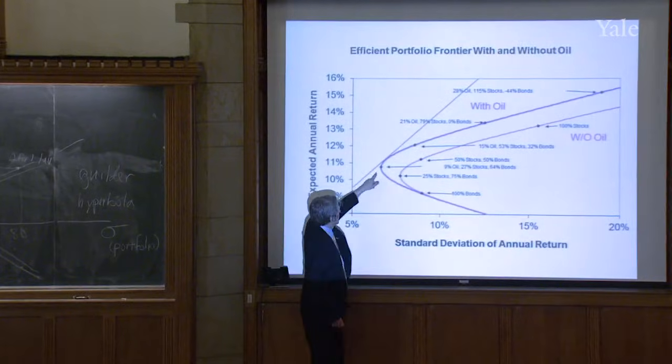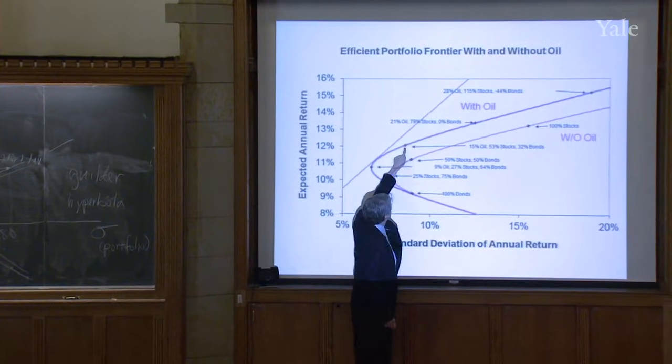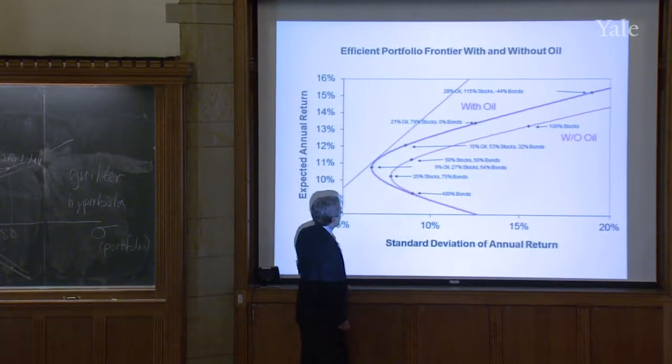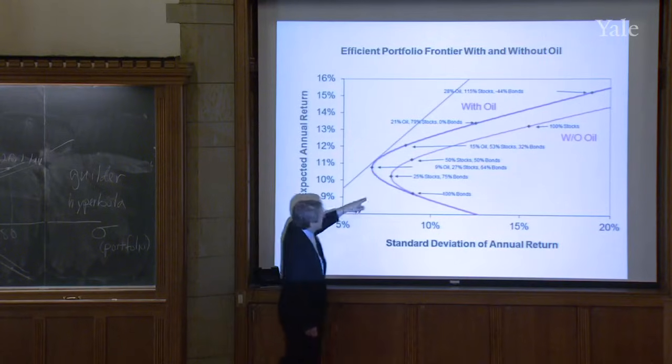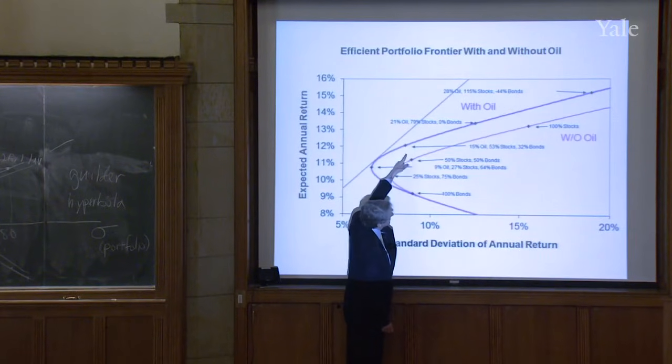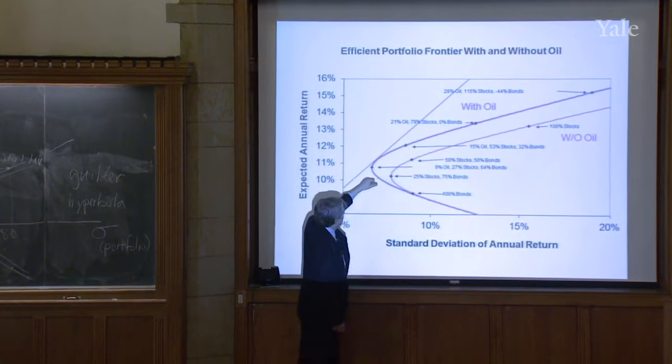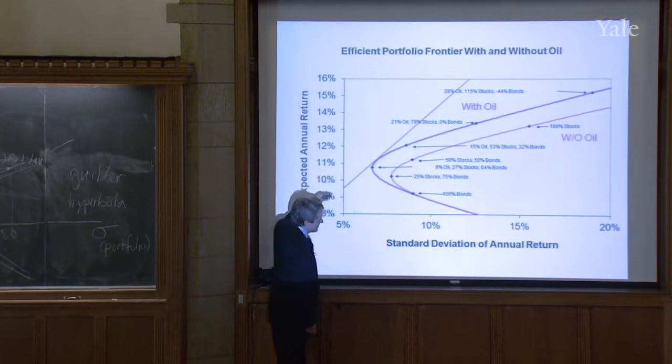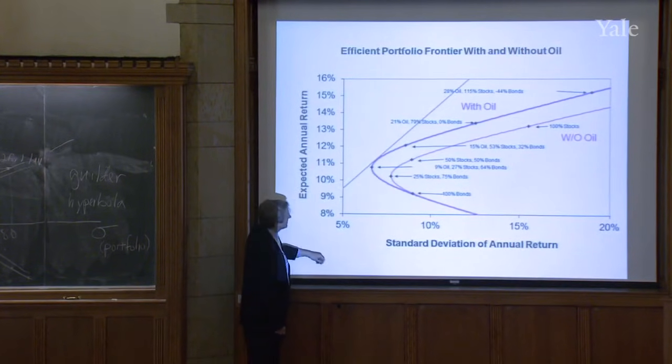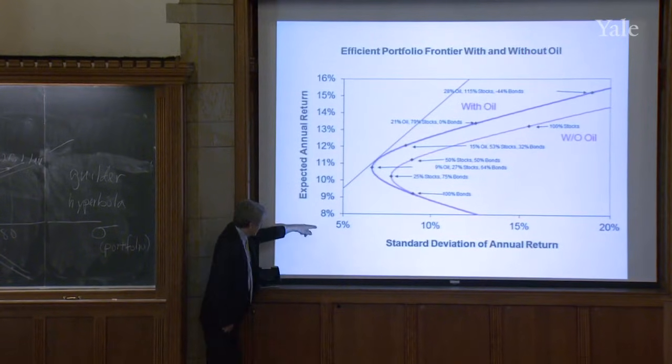So I can pick a point, like I can pick this point here, and then I could achieve by combining that portfolio, which is 15% oil, 53% stocks, and 32% bonds, I could combine that with any amount of risky debt.